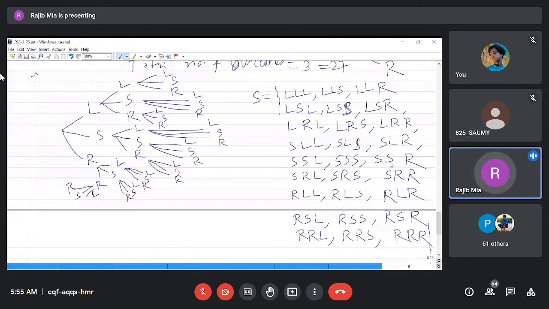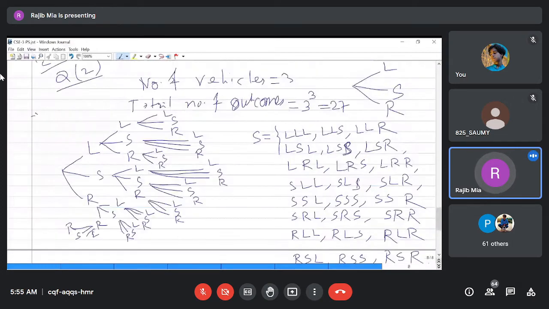If you try to write this set of all outcomes without taking the help of a tree diagram, then you have to spend more time. But if you take the help of the tree diagram, then you can easily write this set of all outcomes.